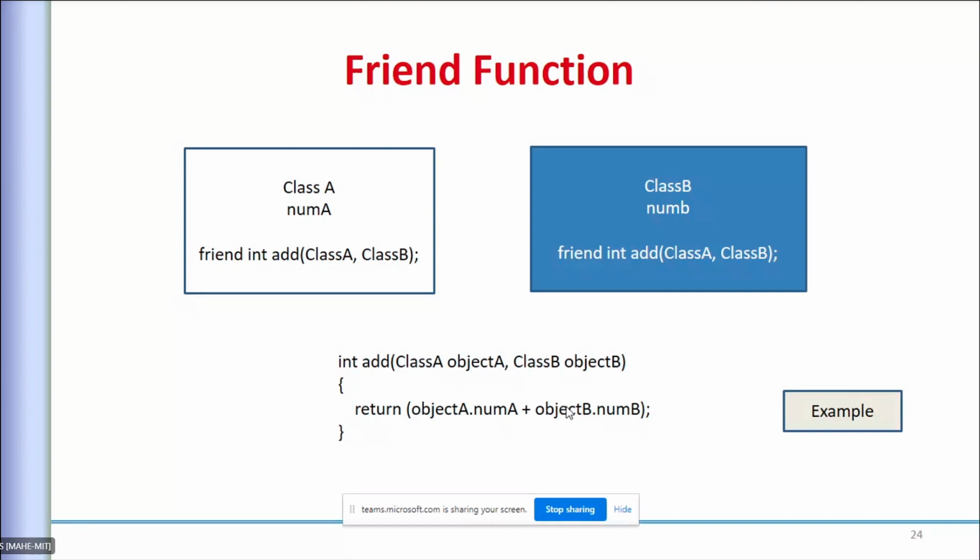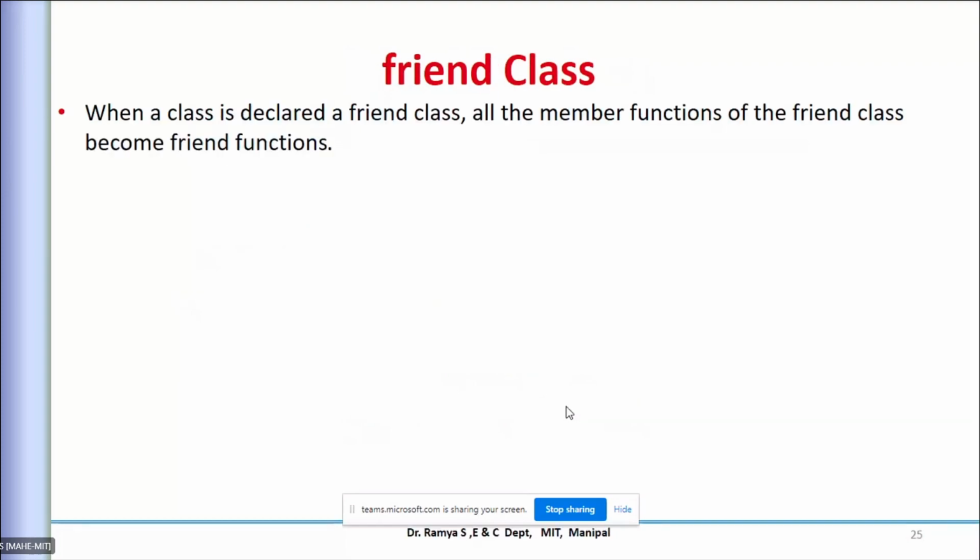Okay, so that is what the friend function is. Now what is this friend class then? How are they different? Friend function we have already seen. But what is this friend class then? A class is declared as a friend. So instead of a function, now I'm declaring a class as a friend. The moment I declare it as a friend class, what happens?